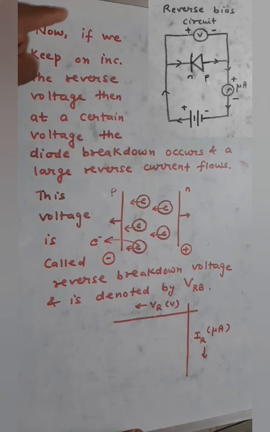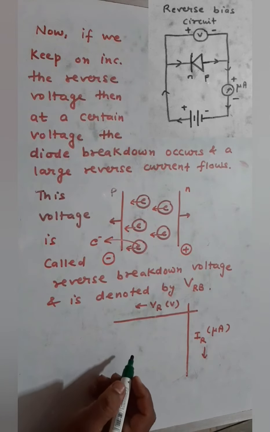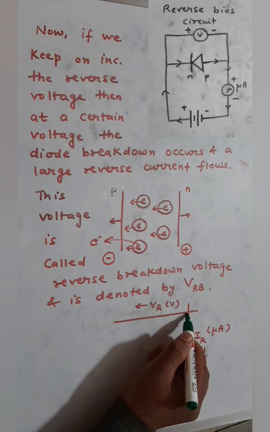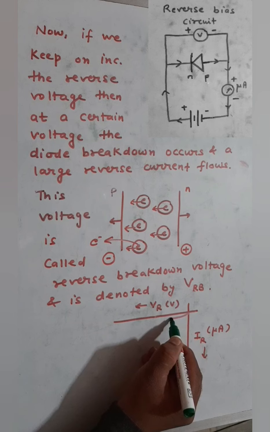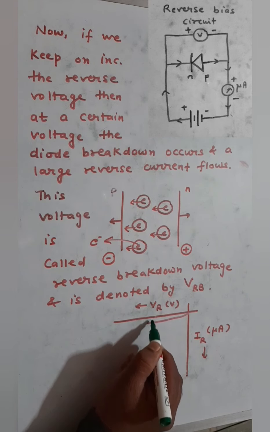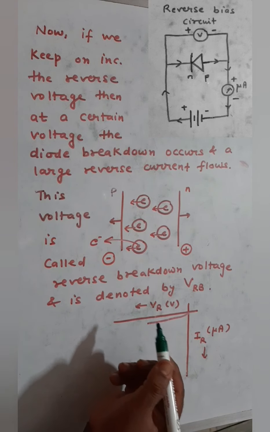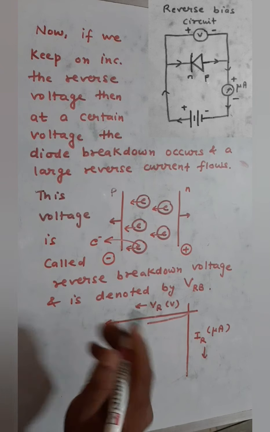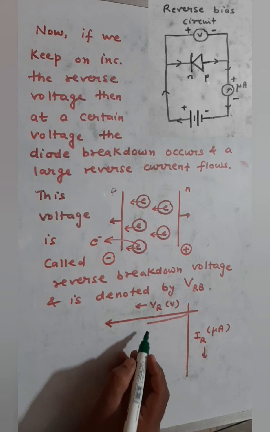Now whatever we had done so far, we were increasing the reverse voltage. You keep on increasing the reverse voltage, no current flows, although there is still some current here, but that is minority current. It is due to a small number of holes present in the n-type region.